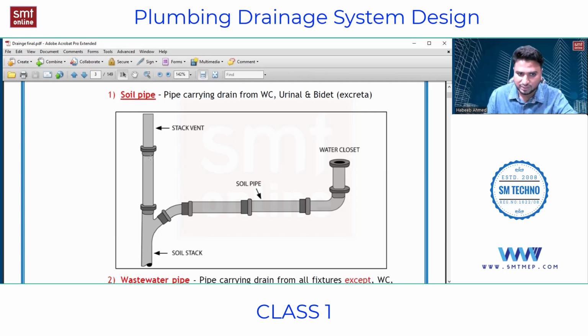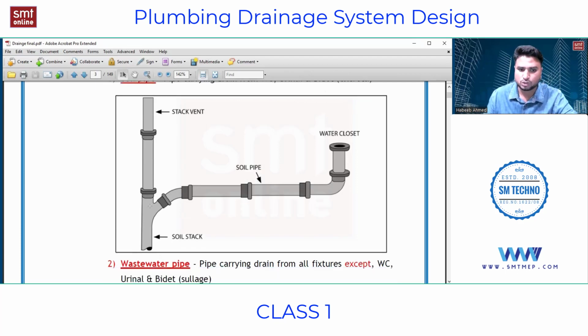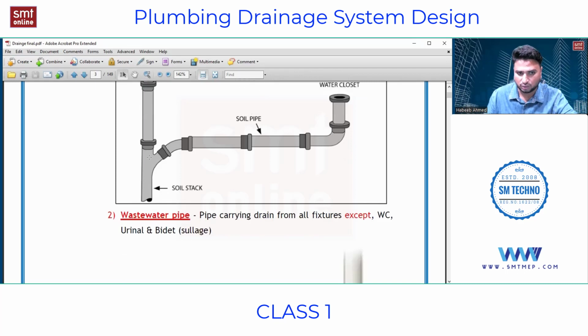And this ventilation pipe or vent pipe is generally outside the building. Generally this is open to atmosphere, just to exhaust the gases into the atmosphere. Okay, so the extension of any soil pipe or waste pipe, I'm talking about the vertical pipe, that is nothing but a vent pipe.